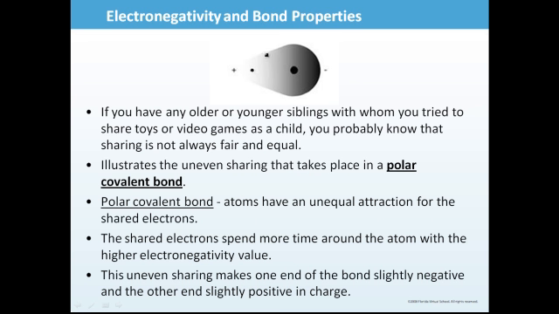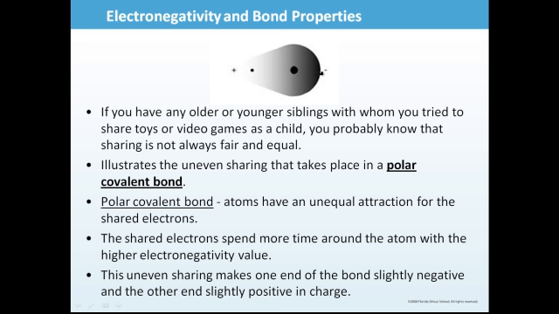You can see by the electron cloud picture that the electron, the majority of the time, is over here by the one with the higher electronegativity. Every once in a while, though, it is going to be over here by the one with the smaller electronegativity. So you end up with the electron cloud having this egg shape where it's unevenly distributed between the two.